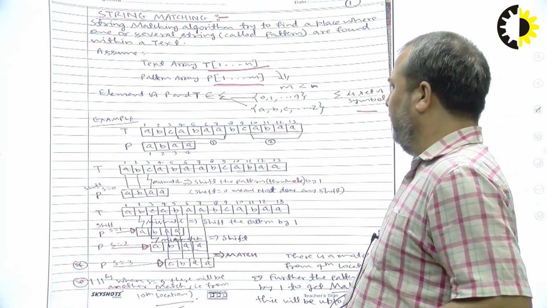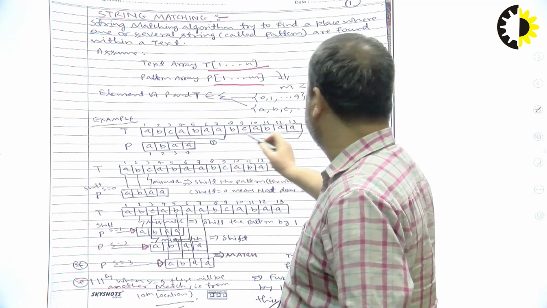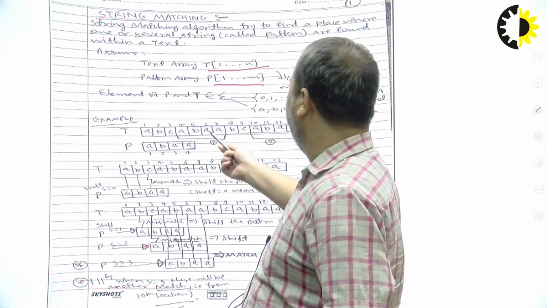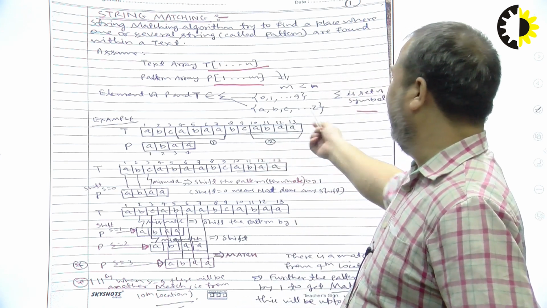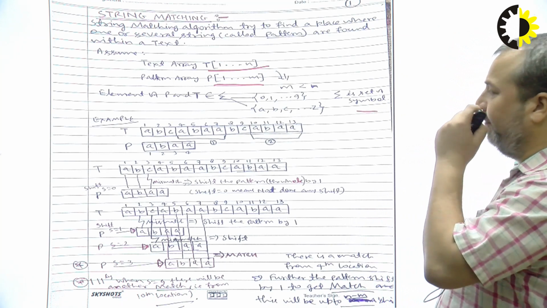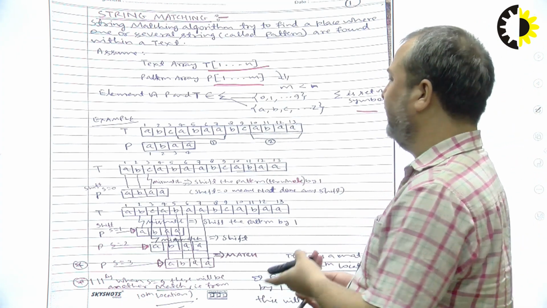Suppose this is a string of length 13, ABCABAABCABAA, and given a pattern ABAA. How will we find whether this pattern matches in the string or not?